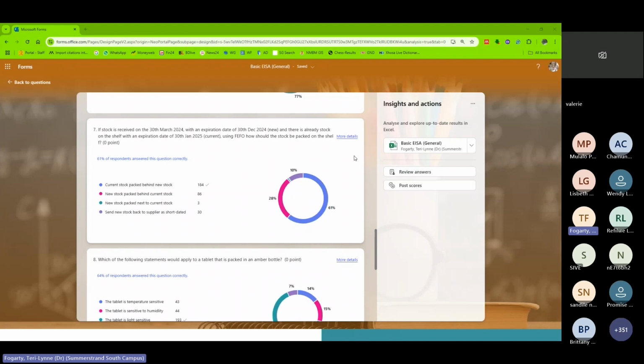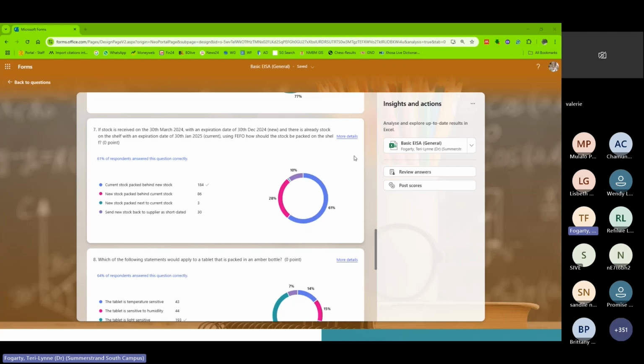What is going on in this question? This is definitely a higher order question. So it says that you've received the stock on the 30th of March and it's expiring on the 30th of December. Okay, so at this stage, you are given the years because it goes over into January of the following year. But so you received it in March, it's expiring in December.